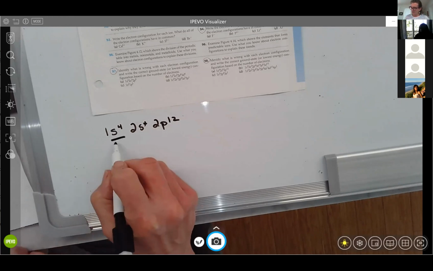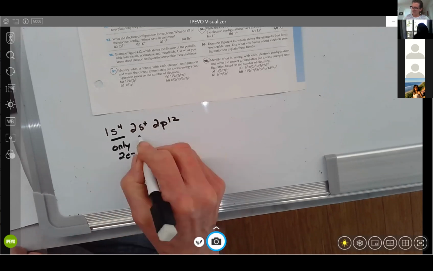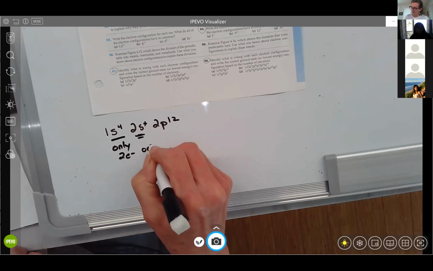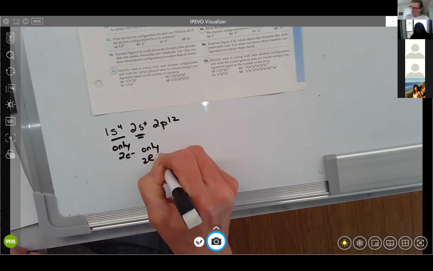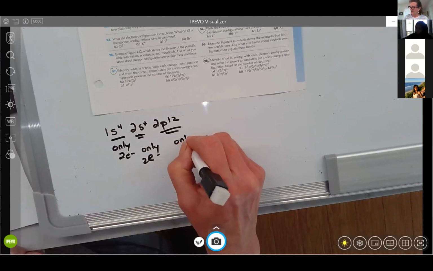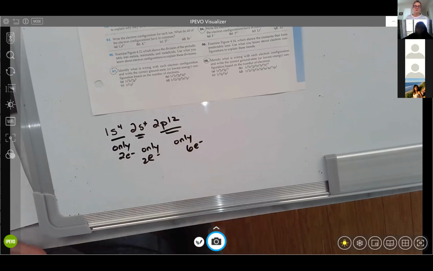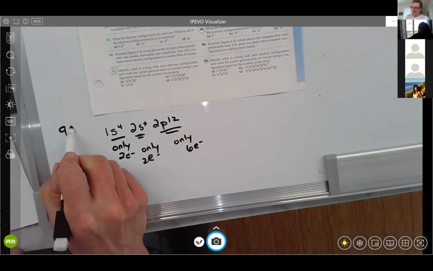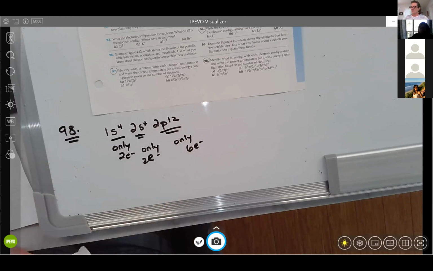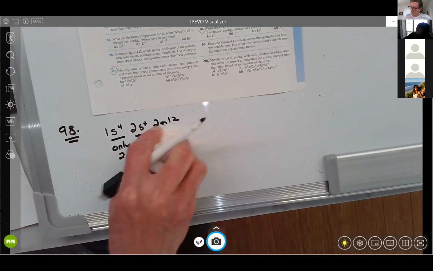Yep, only 2 here. Same thing here, right? What about this one? I think it's 6 only. Yeah, only 6. So each subshell has too many electrons. That's what's wrong with that. This is question number 98 at the end of the chapter. 97 has more examples that you'll have the answers to.